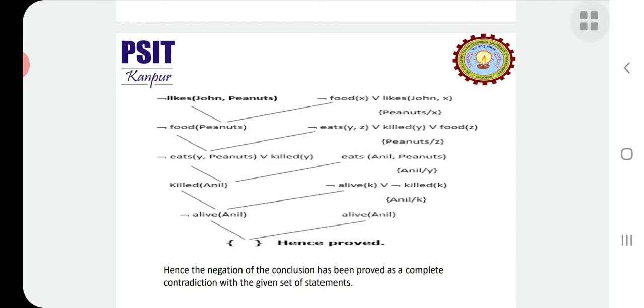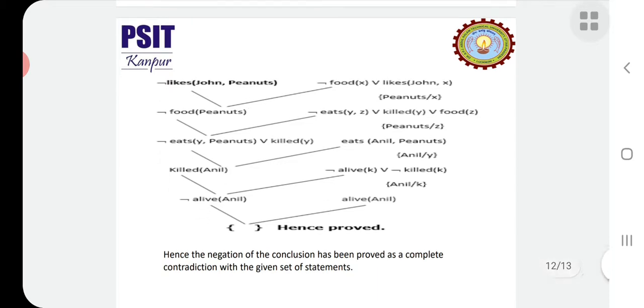What will be the negation part? Negation of food(peanuts), because likes(John) both will be cancelled out. Now negation food(peanuts), right? Again you will check food. That variable can be modified. It is not required that food(peanuts) will be there.